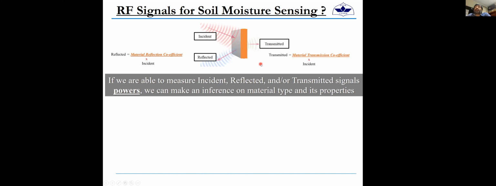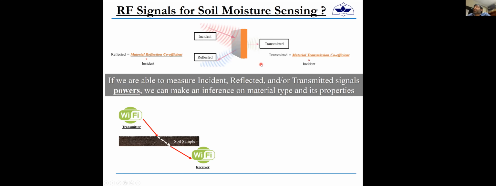ठीक है? So what could our setup look like? One possibility is that you place the transmitter here, in between you place the soil moisture sample, and somewhere below it you place the Wi-Fi receiver. So what will happen? The wave will come, it will pass through the soil sample, some portion of it will be transmitted, for example here, and on the receiver end you will compute the power of the transmitted signal.